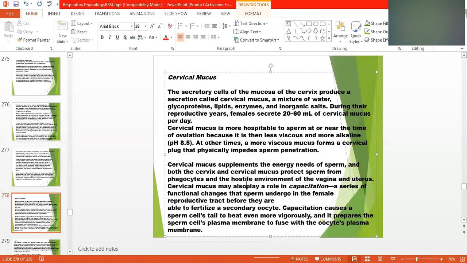Cervical mucus may also play a role in capacitation, a series of functional changes that sperm undergo in the female reproductive tract before they are able to fertilize a secondary oocyte.